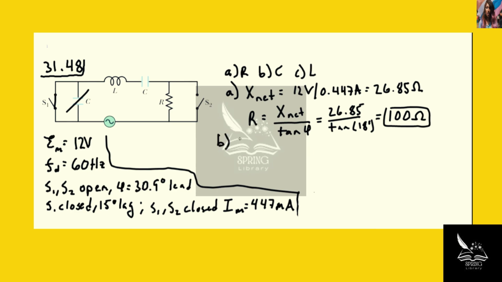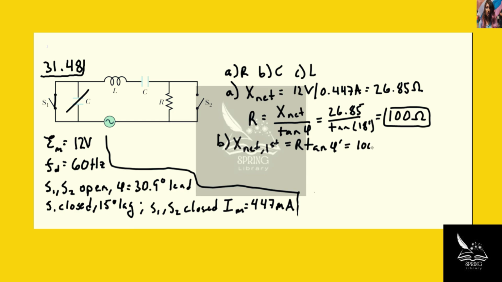Now for part B, we want to find the value of the capacitor. So for both switches open, we know that X net in the first situation, both switches are open, yes, this is going to be the resistance times the tangent of the other phase angle.